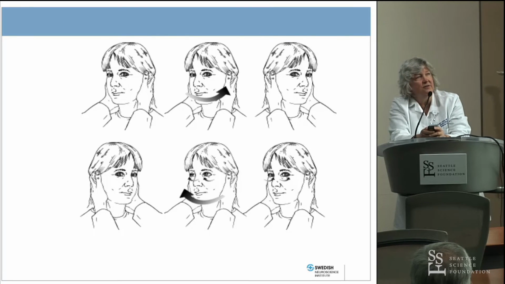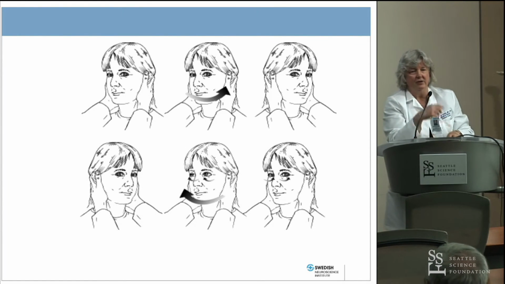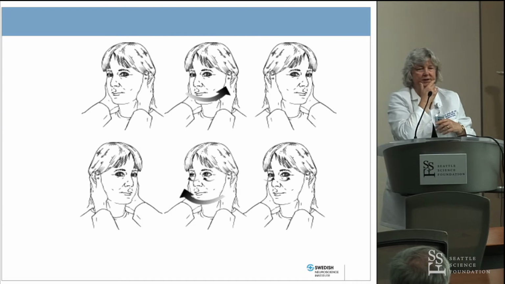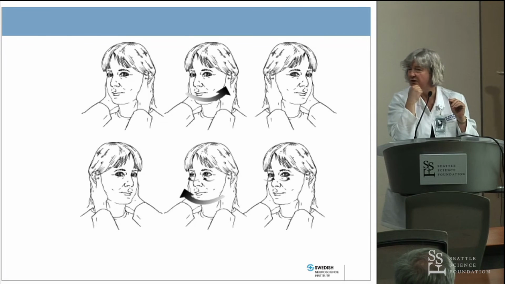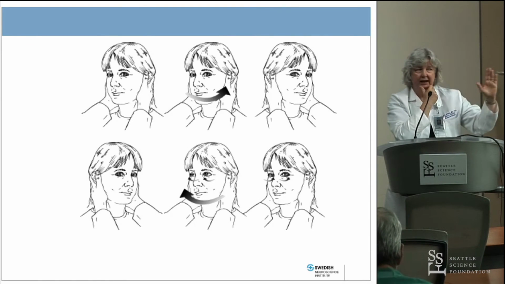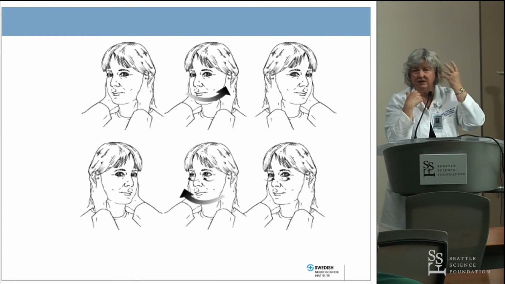I talked about head thrust. Here's how to do it. Without special equipment, you ask the patient to keep their eye on your nose. You move them this way. Usually it's better to thrust them toward the midline. Thrusting them toward the midline, they should be able to stay on your nose. If they go right by and have to jump back, that means it's weak on the side you thrusted to.